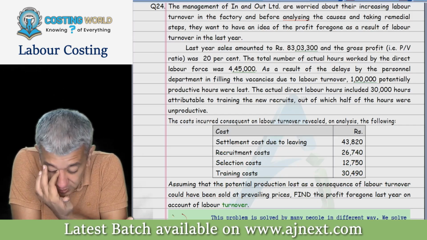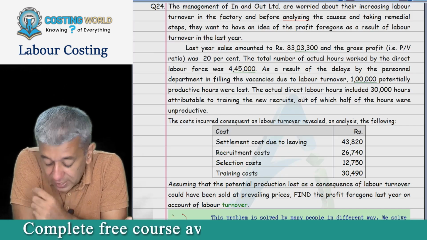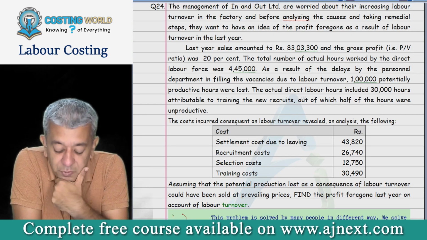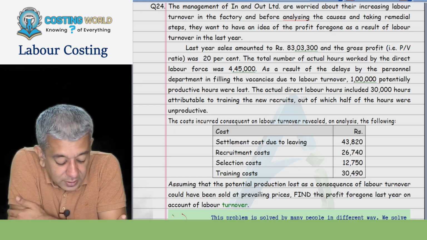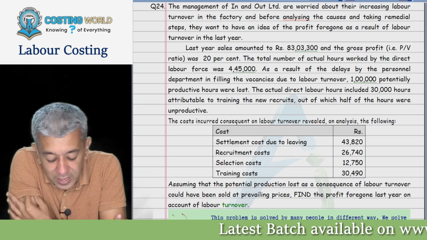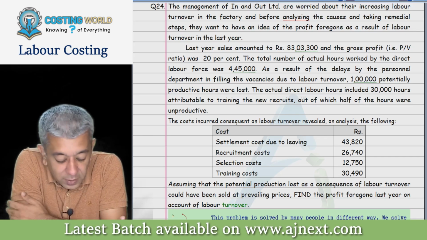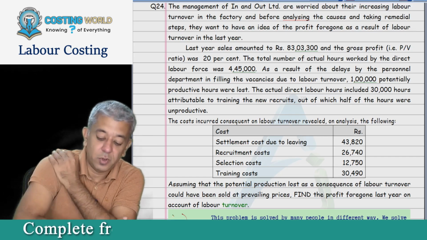The management of In and Out Limited are worried about their increasing labor turnover in the factory. And before analyzing the causes and taking the remedial steps, they want to have an idea of profit foregone as a result of labor turnover in the last year.